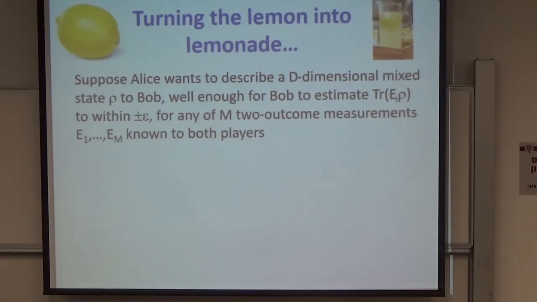So in other words, there's some list of M two-outcome measurements that everyone knows, and the task is just for Alice to take this state that she knows a classical description of, and she has to somehow describe the state to Bob well enough that Bob can calculate Tr(E_i ρ) for every i, or at least approximately. That's our problem.